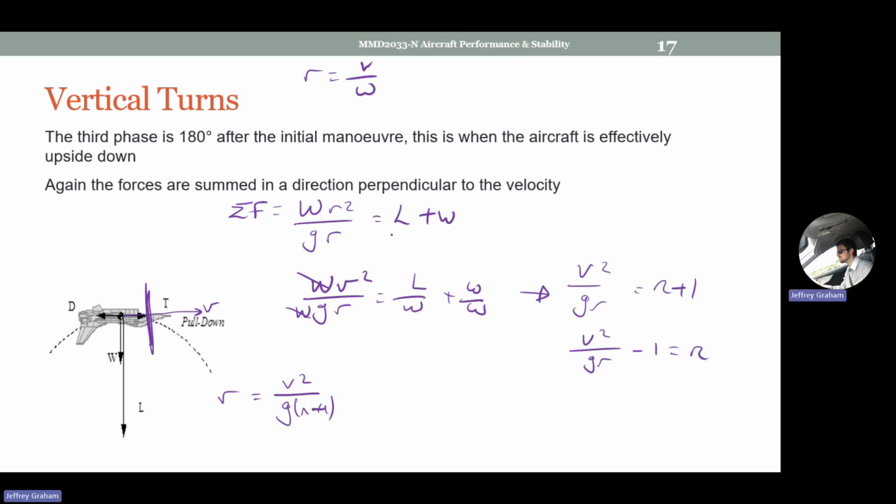All right, and applying the top equation, we flip everything over, so we get g n plus 1 over the velocity, because we'll cancel out this term. We'll give you the rate of turn in this instance.